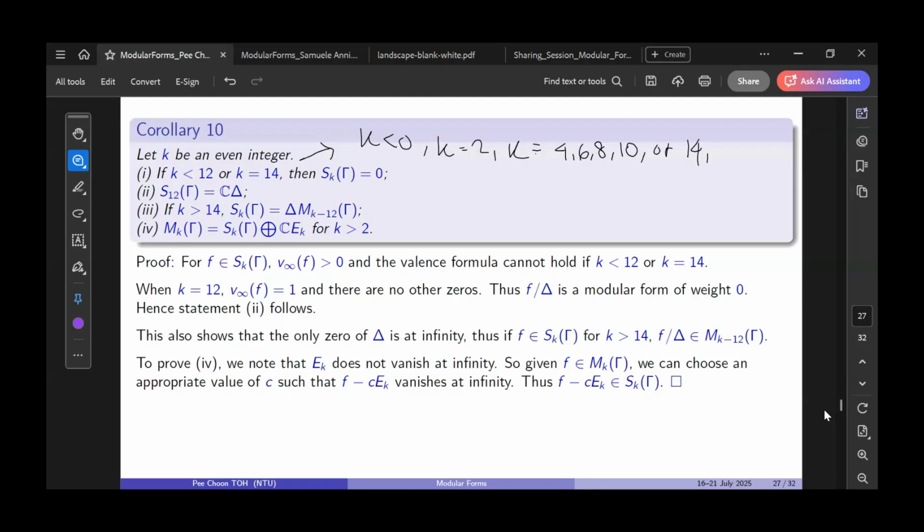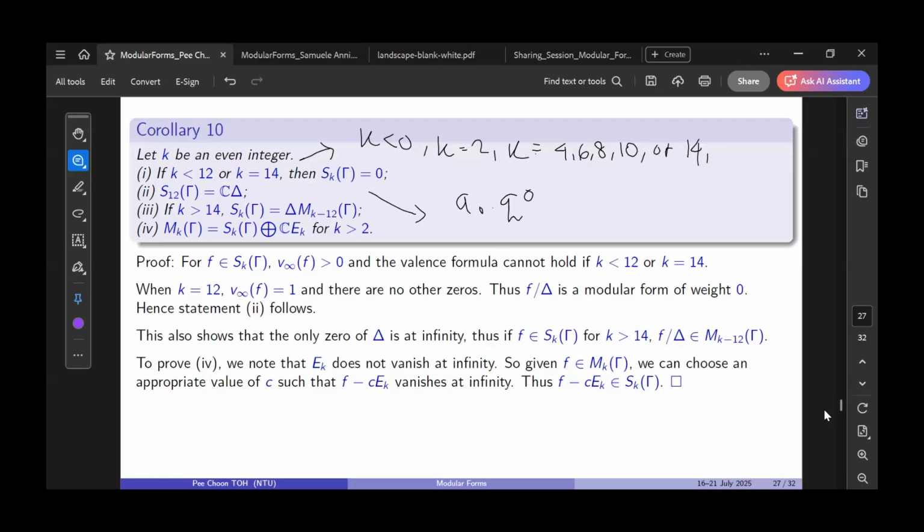So remember the difference: a cusp form is a specific case of a modular form. That is the modular form that has the first term, a0 times e0, right? For a cusp form, a0 becomes 0.